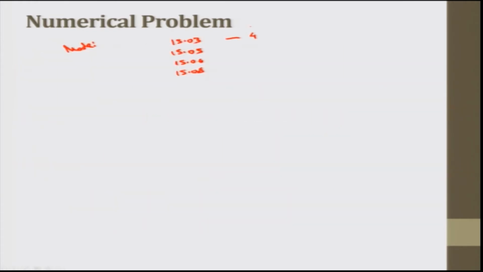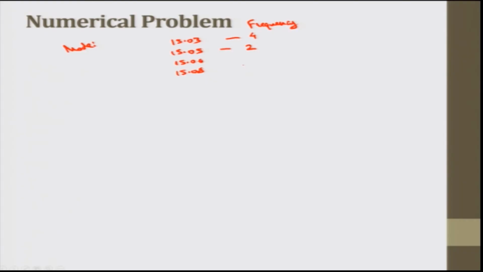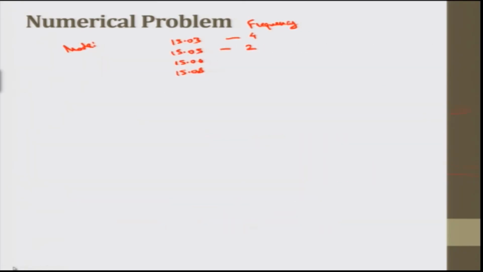I will put frequency here. It is repeating 4 times. 15.05 is repeating 2 times only. 15.06 is repeating 1 and 2 times. 15.08 is also 2 times. So, this is 2, 2, 2 and 2. So, there exists a mode. Mode is 15.03. So, mode is the maximum frequency that we have.